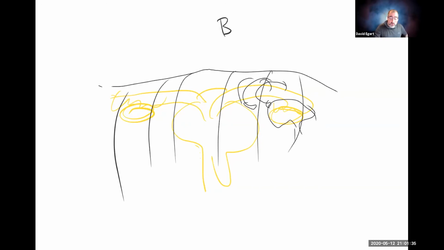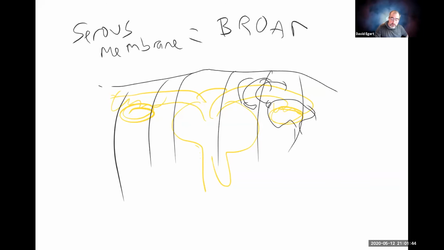The overall term for the serous membrane that covers everything is the broad ligament. Again, this word ligament, it's like the falciform ligament, which is not really a ligament. It's a serous membrane around the liver. The broad ligament is not a ligament. It's serous membrane wrapping around the female reproductive organs.